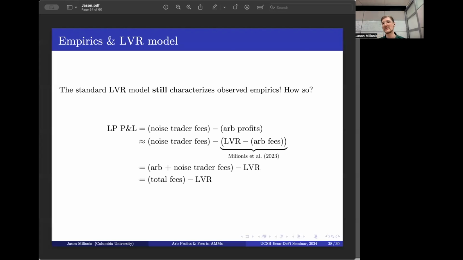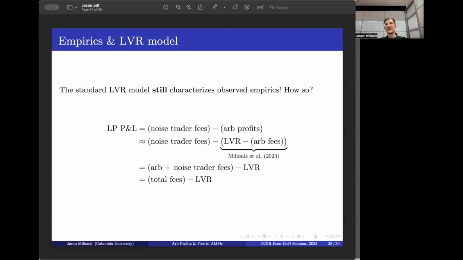If we now account for trading fees, the hedged P&L of an LP is the trading fees that you obtain from the noise traders minus the arbitrage profits that the arbitrageurs obtain. From the theorem in the previous slide, these arbitrage profits are whatever remains from LVR after you reduce the arbitrage fees.